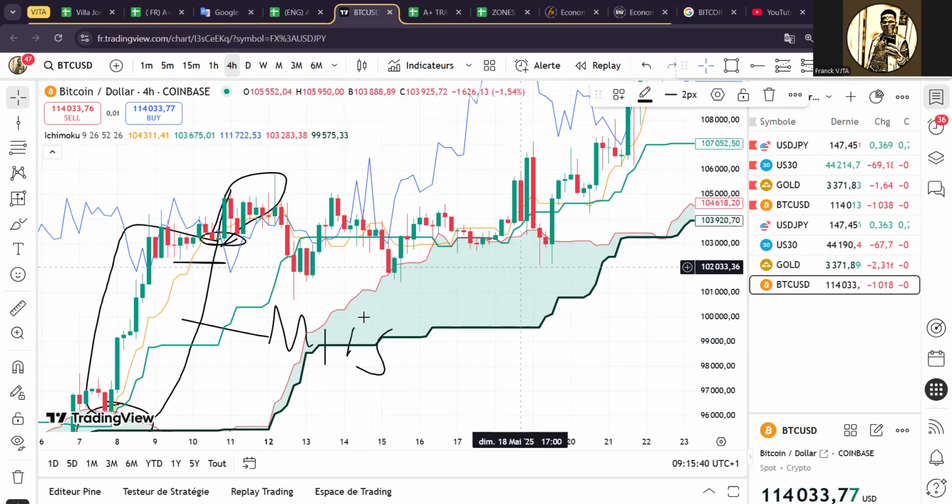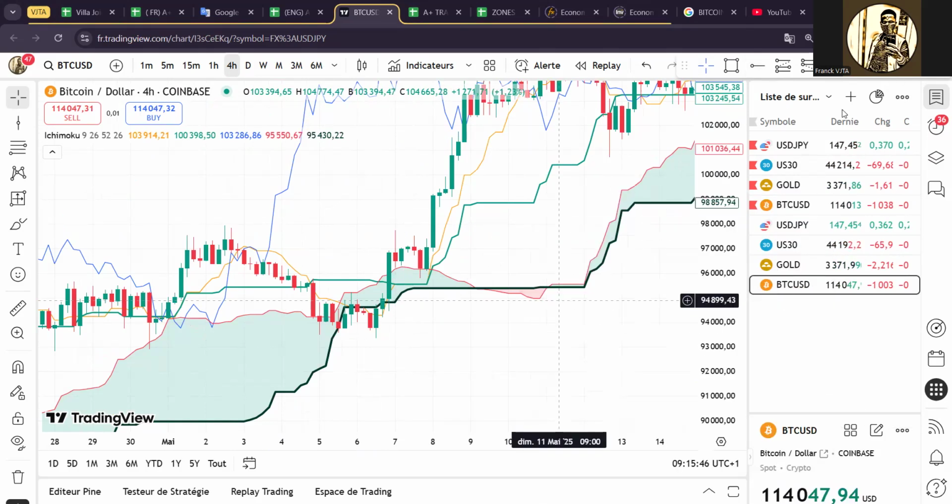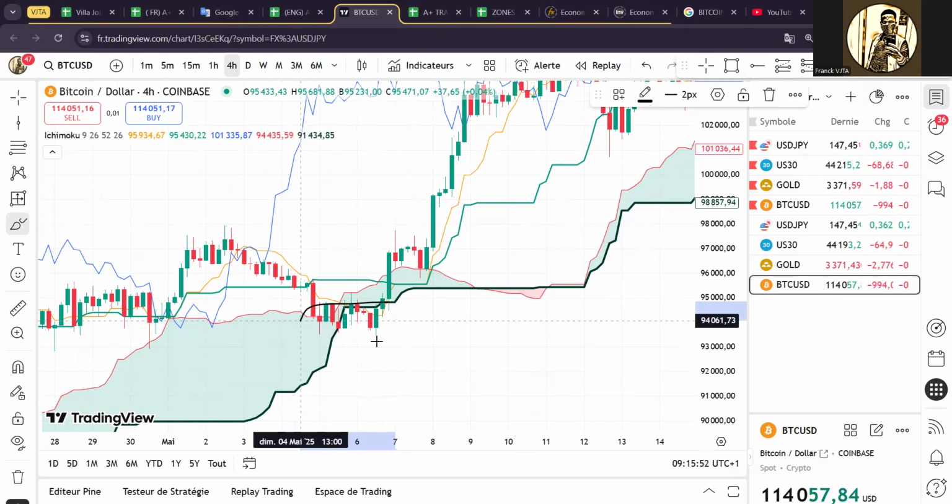So my opinion is that normally you don't wait too much for Tenkan touches in higher time frames like 1 hour, 4 hour too. You must be able to enter at this point, right? You must be able to enter here.